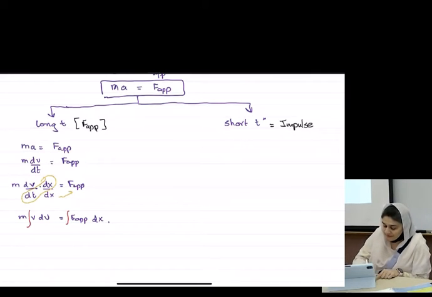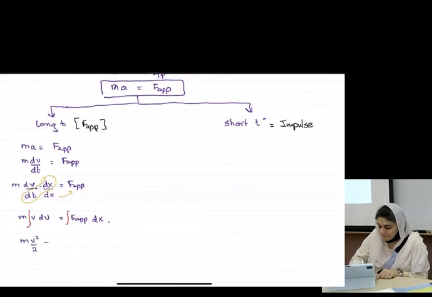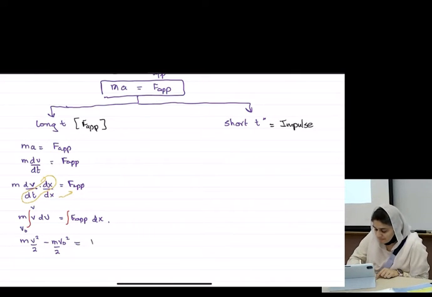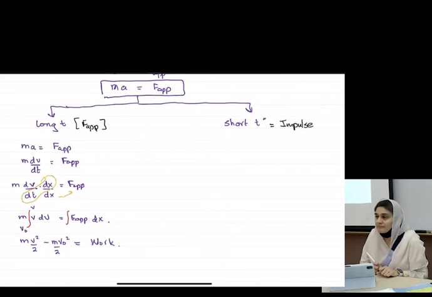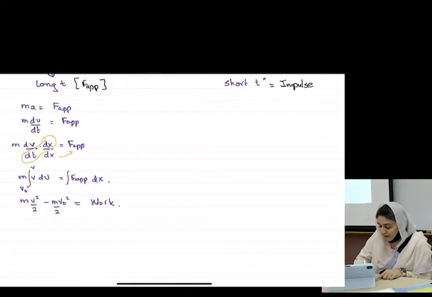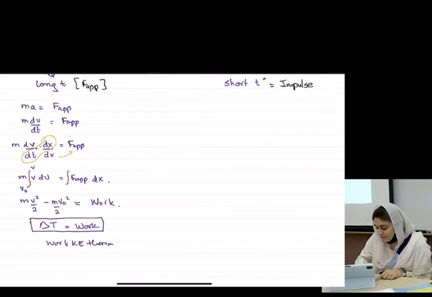What comes out in the left-hand side? Where the limits of integration are from V0 to some final V. What goes on the right-hand side? So automatically pops up a theorem which we call the work-kinetic energy theorem.